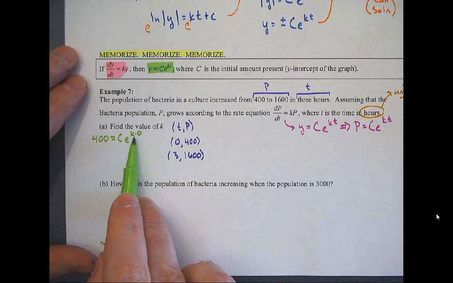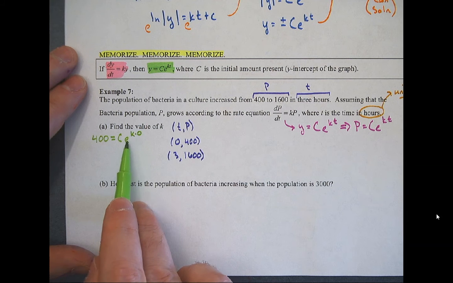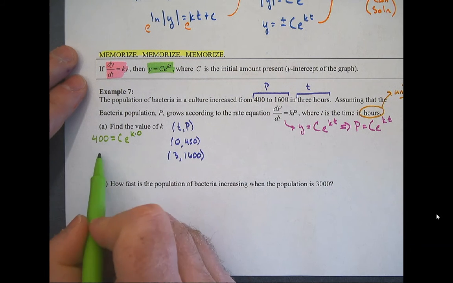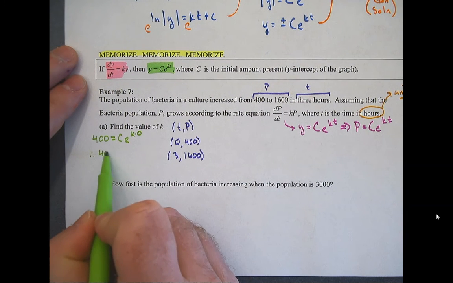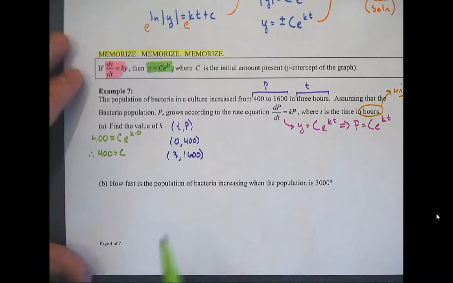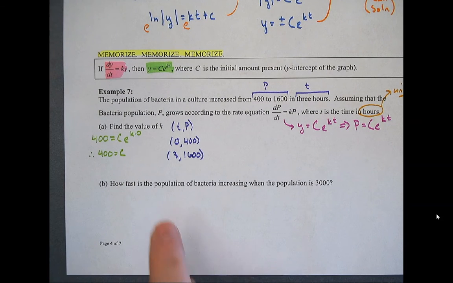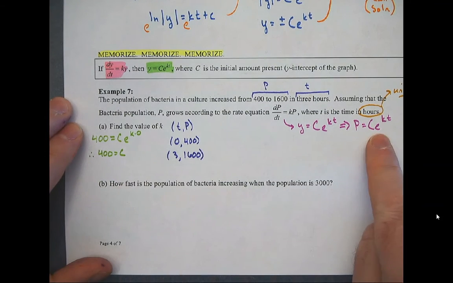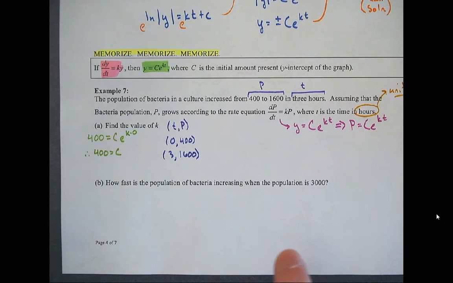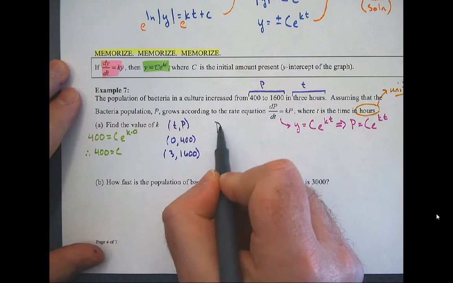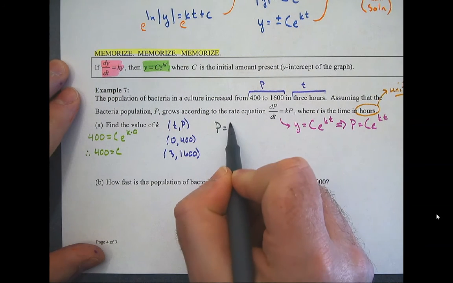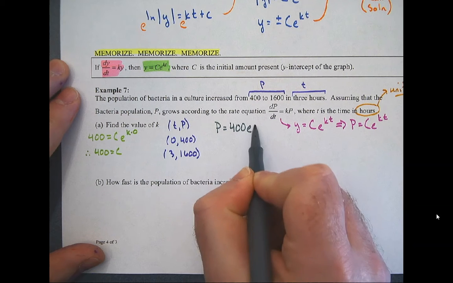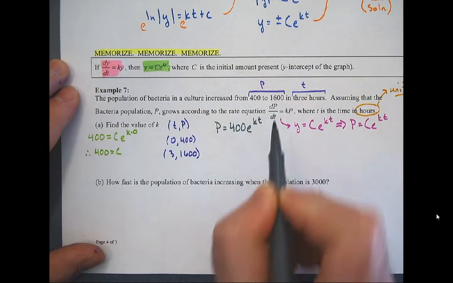What's k times 0? 0. What's e to the 0? 1. So therefore 400 is equal to C. Now I'm going to merge this to get a better equation: population is equal to 400 e to the k times t.